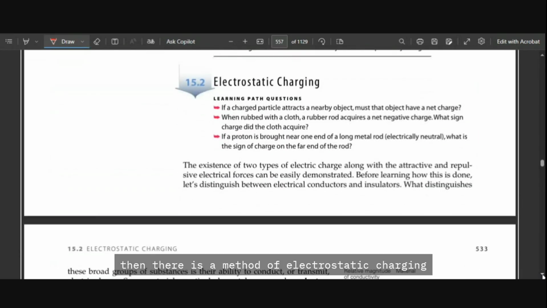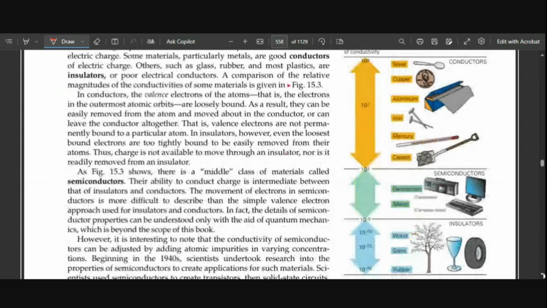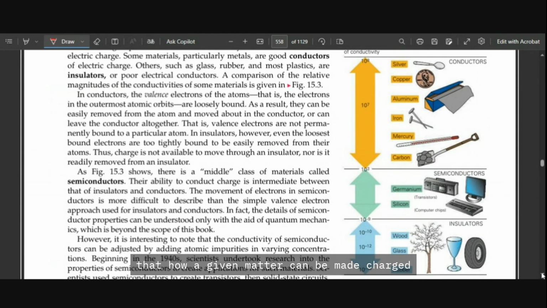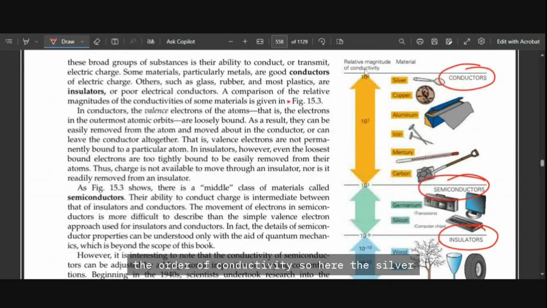Then there is the method of electrostatic charging. Here there are a few methods through which we have understood how a given matter can be made a charged object. In order to understand, first of all, we have categorized matter into three categories. The first is conductors, another is semiconductors, then we have insulators. Here you can see the order of conductivity.